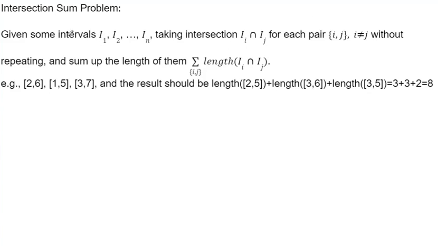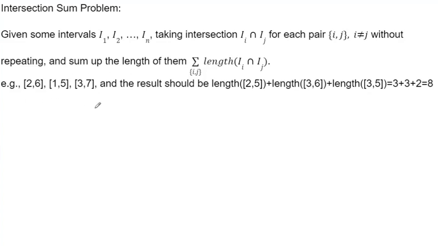So we don't want to check the intersection of I1 and I1 itself. We want to check the intersection of I1 and I2, I1 and I3, etc. And then we want to sum them up, sum the length of all those intersections.